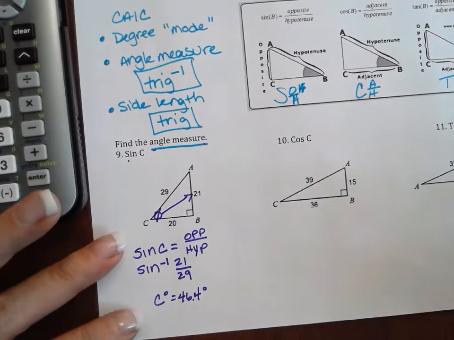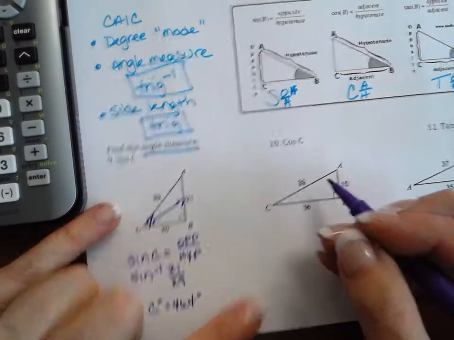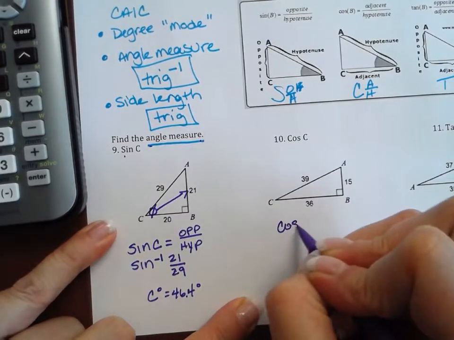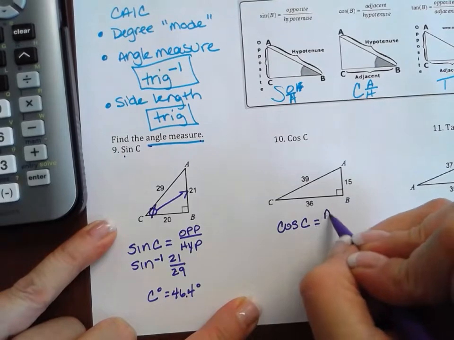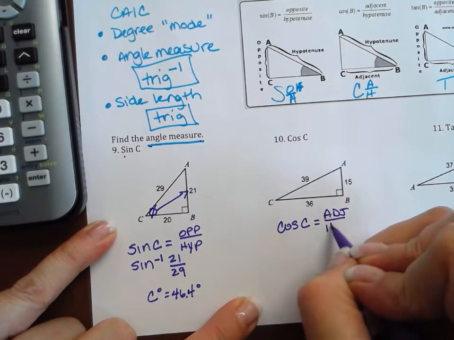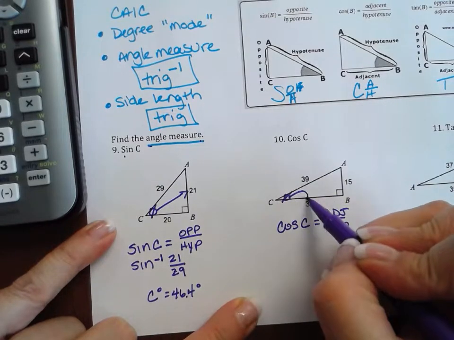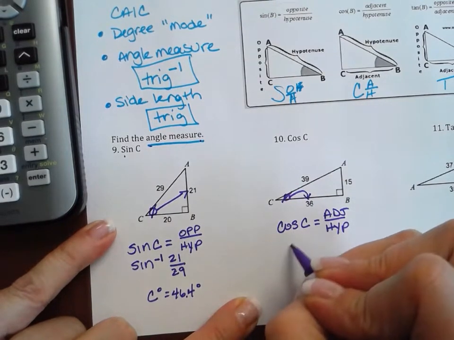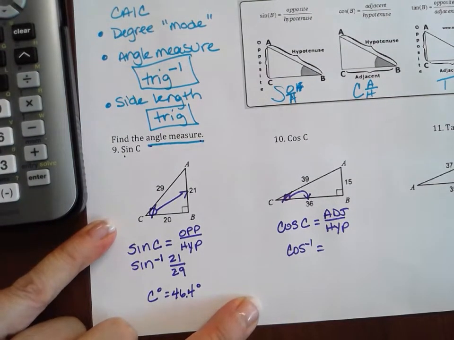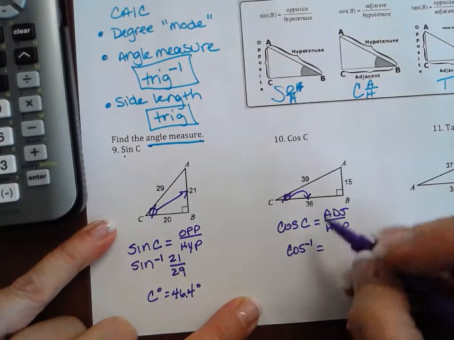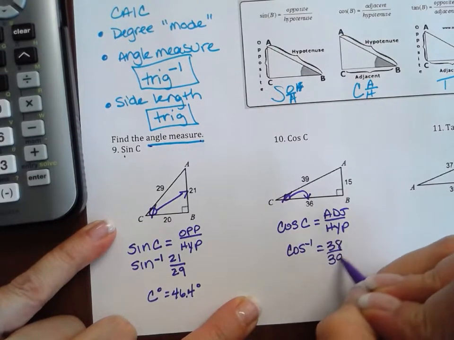So, cosine of C. Cosine is adjacent over hypotenuse. Since that's my theta, this is my adjacent. I'm still looking for an angle measure, so it's -1, or the inverse. And I have 38 over 39.